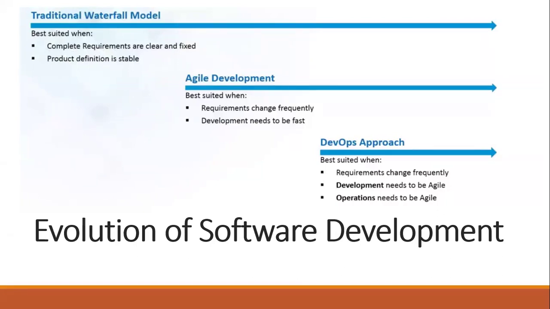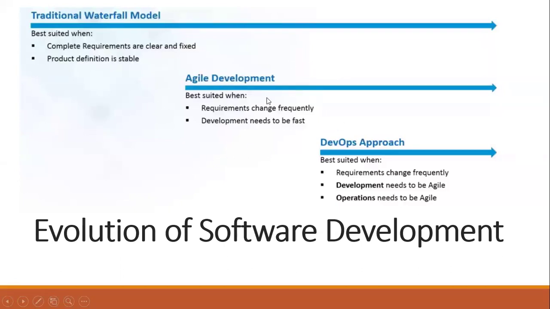It means planning should be completed, then only we move to the implementation phase. Parallelly, we are not going to start working on each and every phase. Product definition is stable, which means we cannot change anything in the middle of product development. These are the drawbacks of the waterfall model. Due to that reason, DevOps and Agile came into the picture.